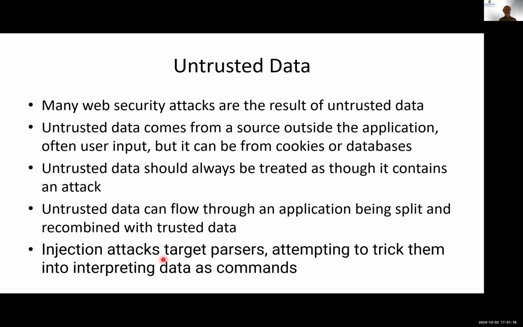You have to be careful because it may contain JavaScript actions or other stuff that you don't want executed. It can come from many places: cookies, databases, user input. Generally, it usually comes from user input somehow, and it may be stored and come back. It can be merged and split and recombined with trusted data. But once you have untrusted data merged with trusted data, the result is untrusted.